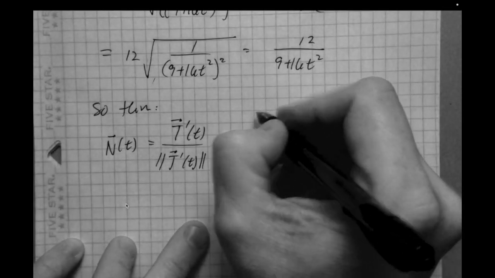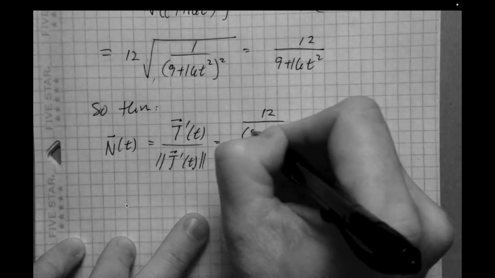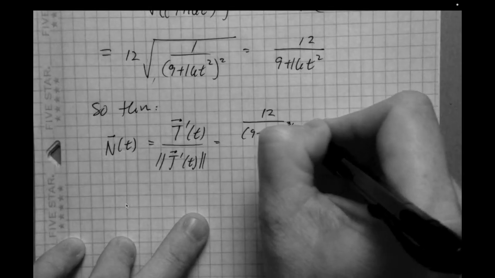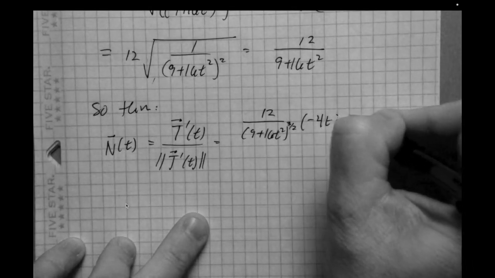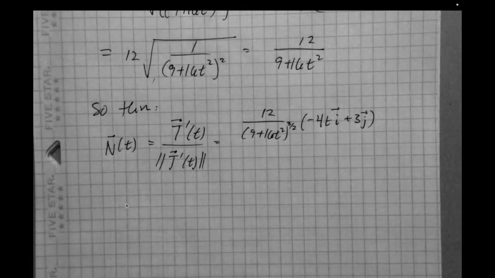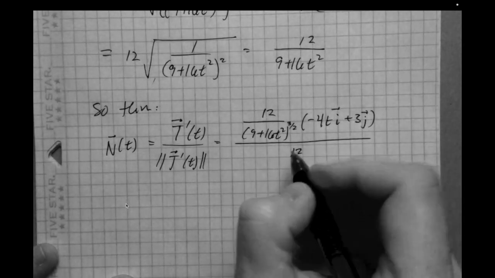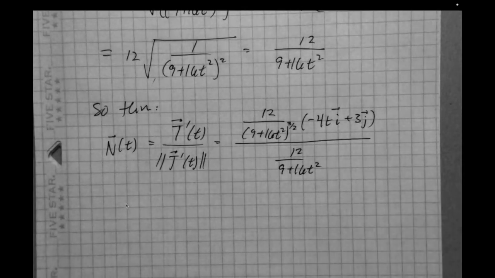Okay, so this is going to be 12 divided by 9 plus 16t squared to the 3/2 power times negative 4ti plus 3j, kind of pulling that from previous work, and then divided by the norm that we just found, which is 12 over 9 plus 16t squared.